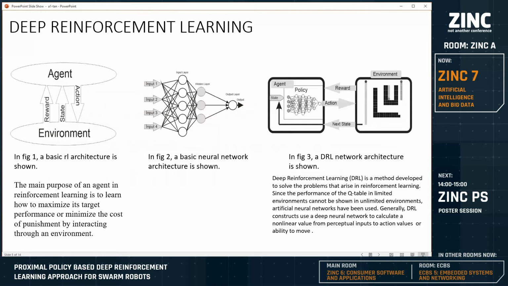Now, we can say about the reinforcement learning that is used in our study. In figure 1, a basic reinforcement learning architecture is shown. The main purpose of an agent in reinforcement learning is to learn how to maximize its target performance or minimize the cost of punishments by interacting with an environment.